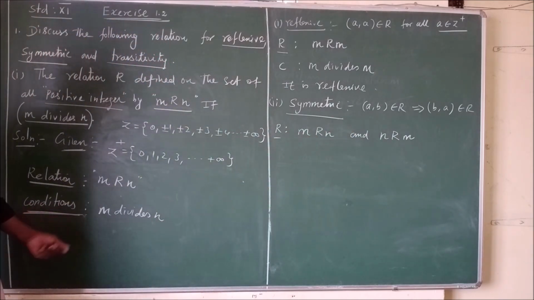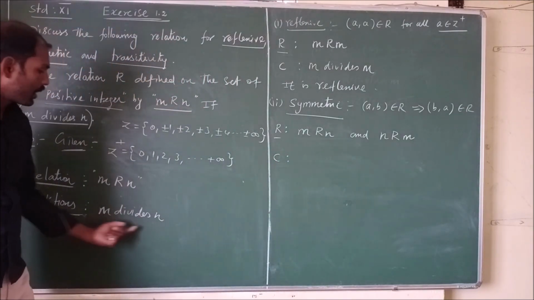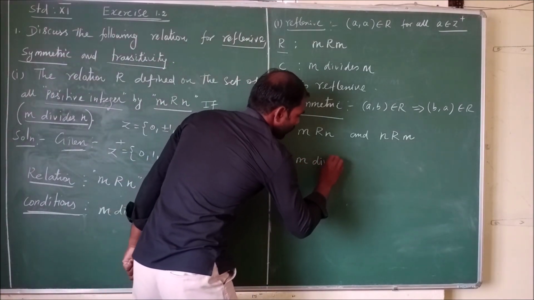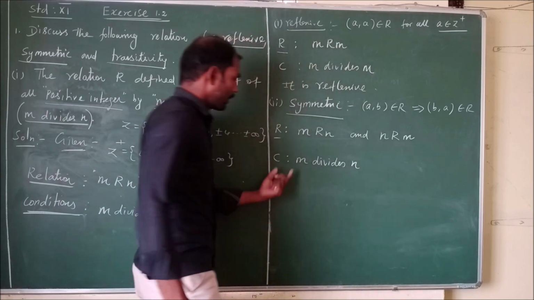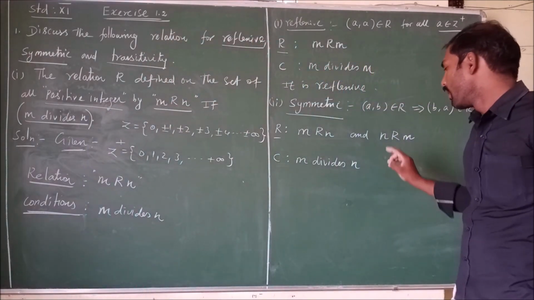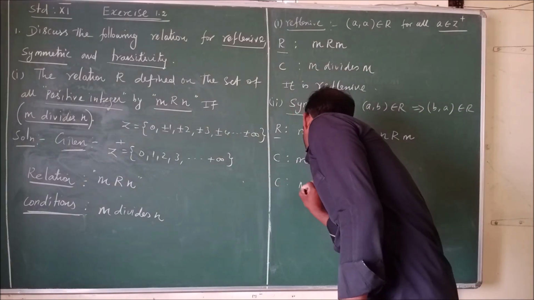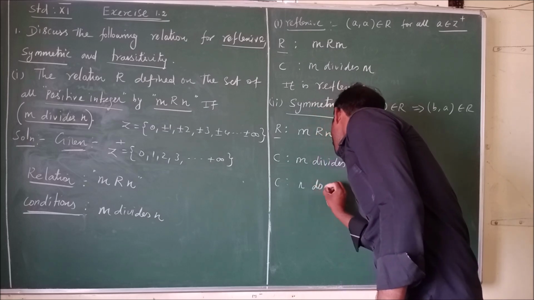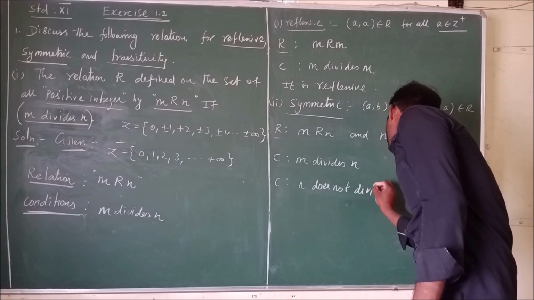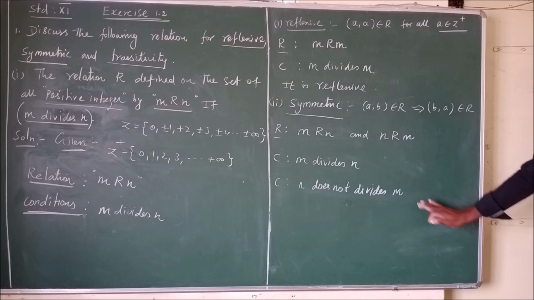The first condition is m divides n. Okay, it is satisfied. But the second condition is n divides m, that is, n does not divide m.